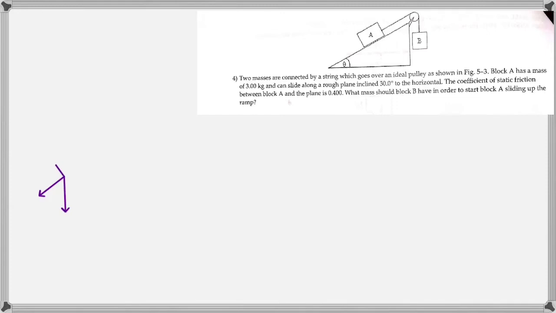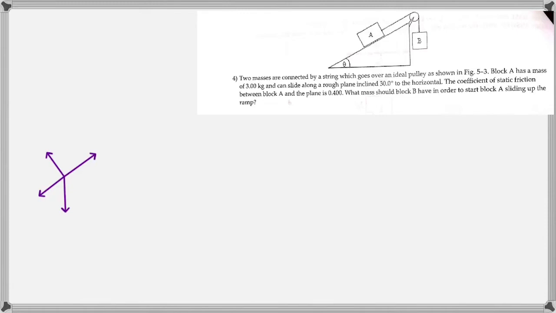The next force is the normal force. This is the perpendicular force acting on the surface, because of the object pressing down on the surface, which creates this reaction. That's the normal reaction. And then we have the tension in the string, which is responsible for moving it up. So those are the forces that act on object A.